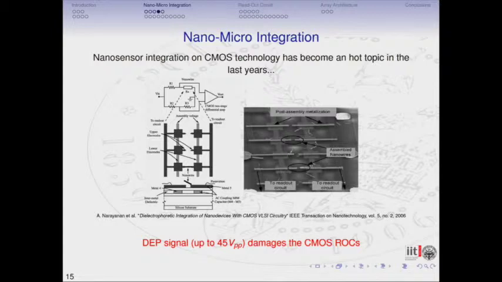Also, this approach implies that you have to create post-assembly metallization. So after the integration process has been accomplished, you create this metallization by lithography and you connect the electrodes to the readout circuit. But this approach is high cost because you have to perform some lithography after the integration process.